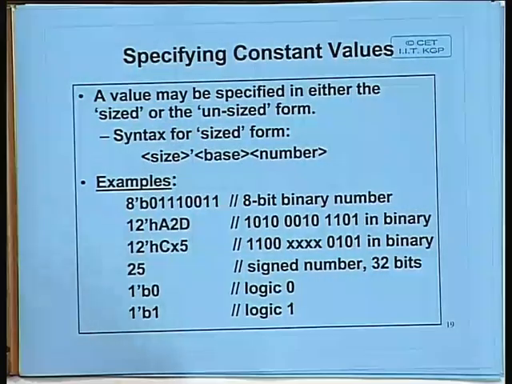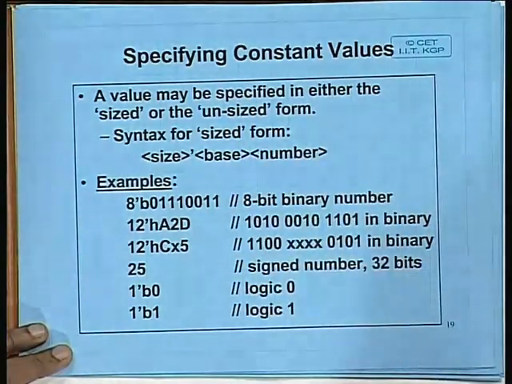This is the last slide I am showing. This example I have already shown before for the counter when you initialize to 0. So how do you specify a constant value?